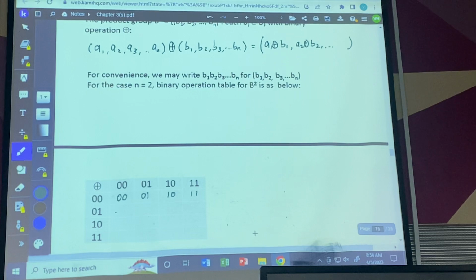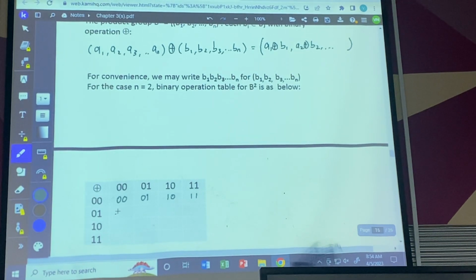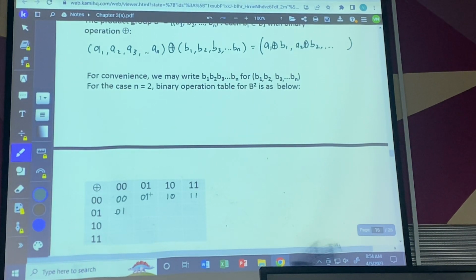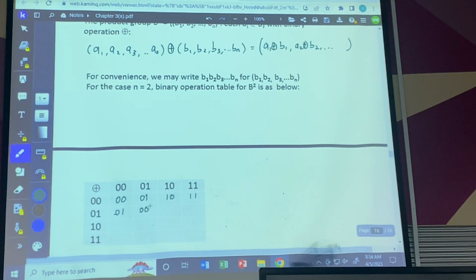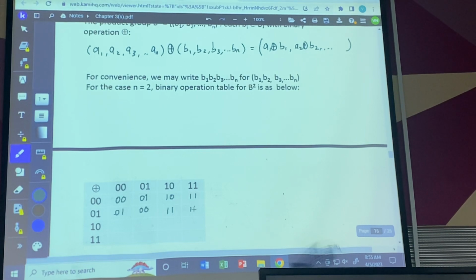Second row, this is 0 1, this one 0 0, 0 0, third one 1 1, 1 1, fourth 1 0, 1 0.